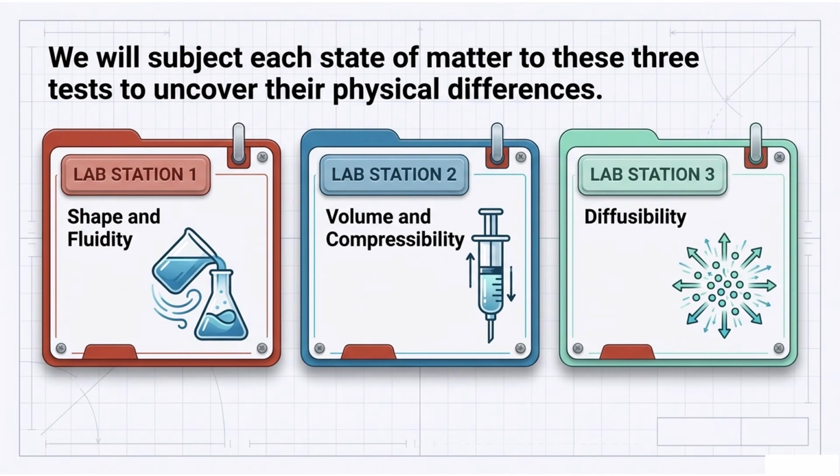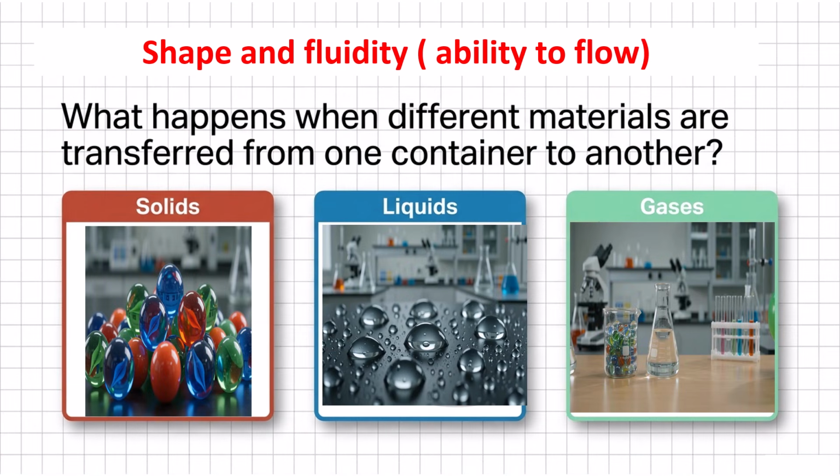Let's see. The first is called shape and fluidity. We make an experiment to know the meaning of fluidity. We bring some balls and put them in a cylinder.